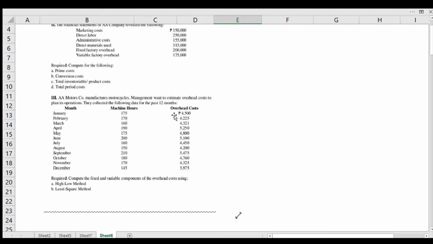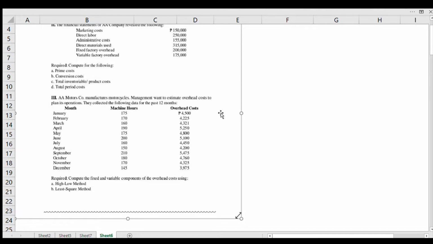we have the machine hours, we have the hours of operation, during this particular month, every month meron tayong level of activity, how many hours spent in the production, and we have this overhead costs. Now the purpose of this problem is for us to know and to be informed na bawat costs natin, it is really composed of at least two type of cost according to their behavior.